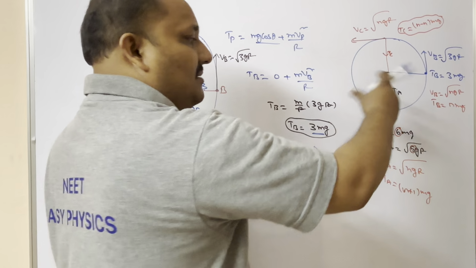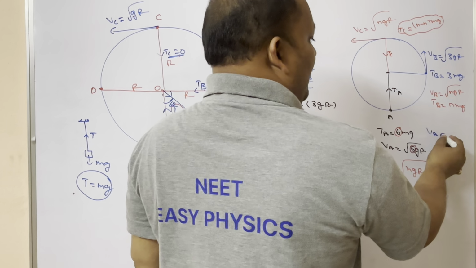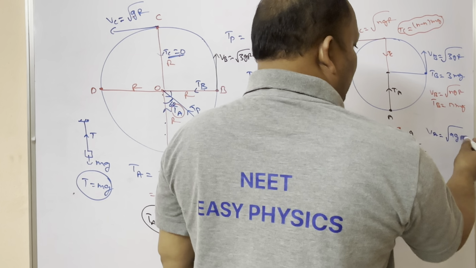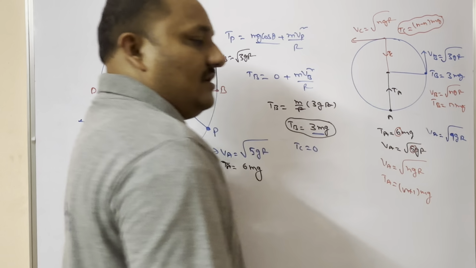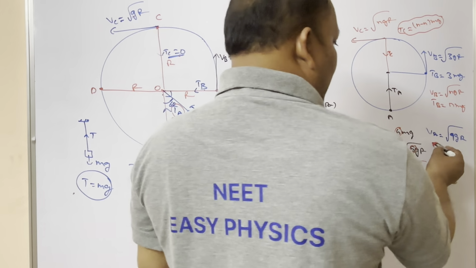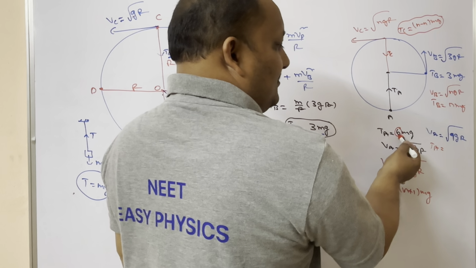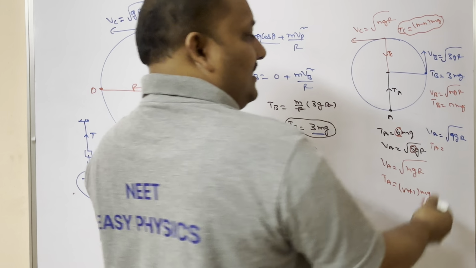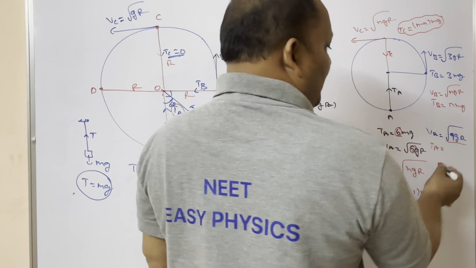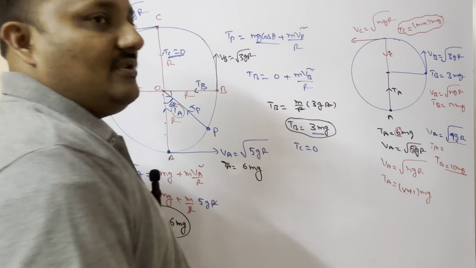Let us assume in some question they have given that at the bottommost point the velocity VA is root 9gr. Root 9gr they gave, so what is the tensional force at A? When root 5gr was given, the tensional force was 6 mg. Here root 9gr was given, therefore the tensional force is N plus 1 mg. TA is going to be 10 mg, you have to write.